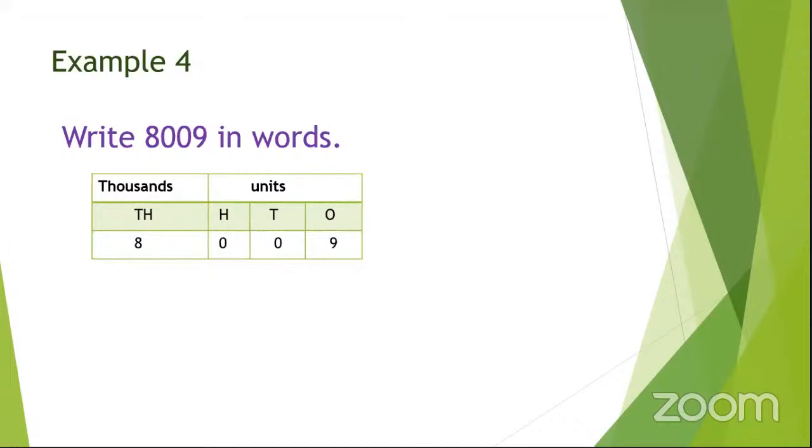That means tens did not come. So we go to ones. Under ones, we have a 9. So how do we write this number in words? We shall say 8 thousand, comma, and since we have zeros, we leave them out, we have 9. And that is how we shall write it, 8,009.